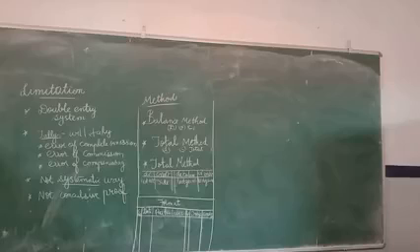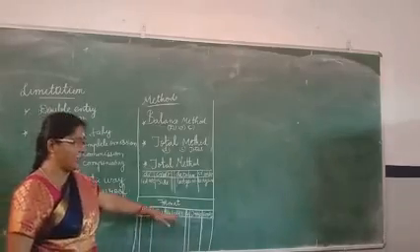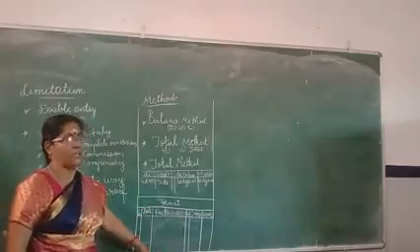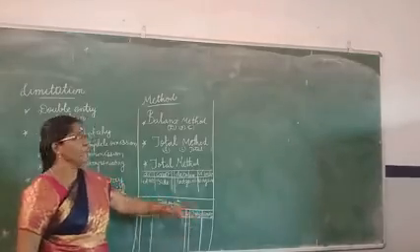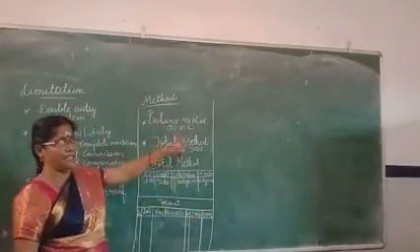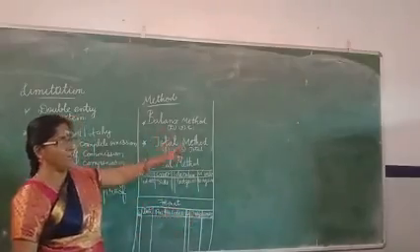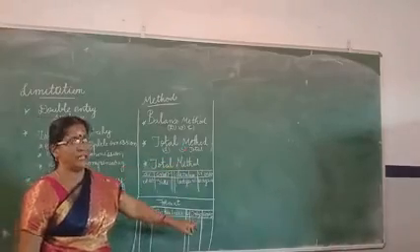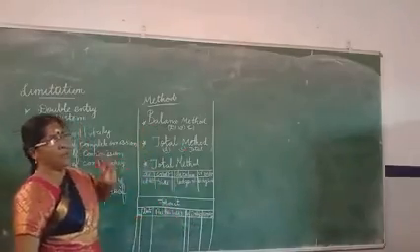If it is a debit balance, we write the amount alone on the debit side, and in the same column we write all the particulars. If there is a debit balance in the ledger, we write a debit balance in the trial balance. If there is a credit balance in the ledger, we write the credit balance in the trial balance. That is called the balance method.